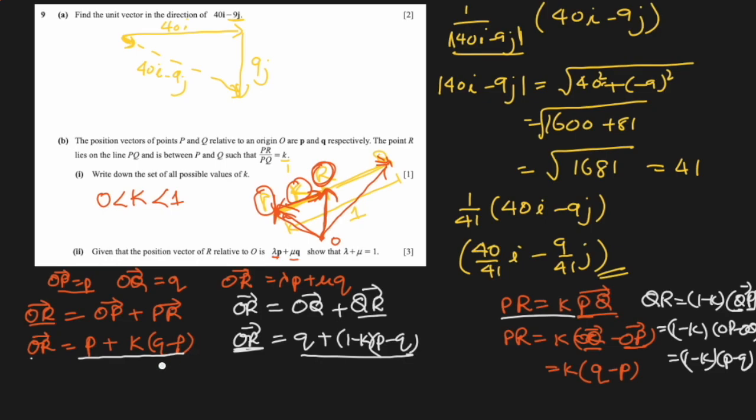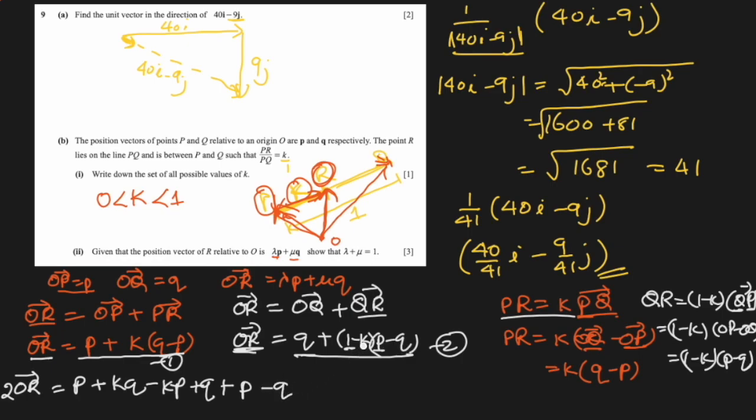Let's add equation number 1 and equation number 2. So OR plus OR will give you 2 OR, correct? This OR plus this OR will be equal to P plus KQ minus KP from this side, and here it will be plus Q plus P, and then 1 times minus Q is minus Q, then minus KP plus KQ.